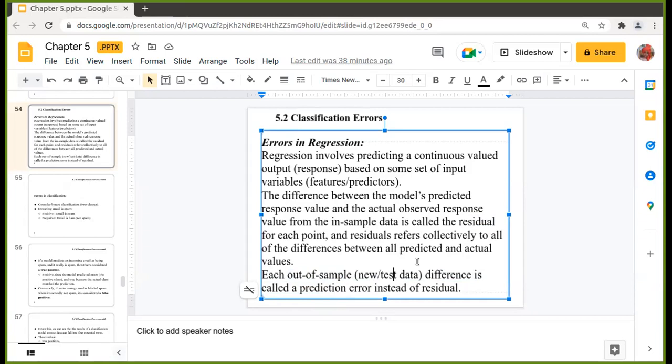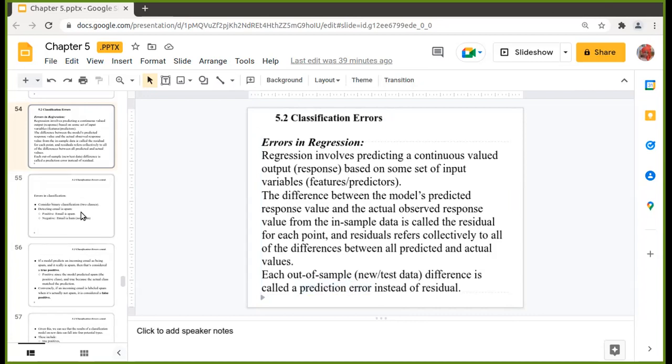Okay, this is in case of regression. So residual and prediction error can be the two terms which are related to the errors in regression.